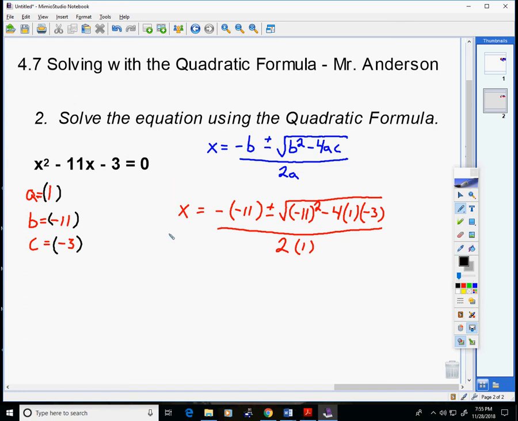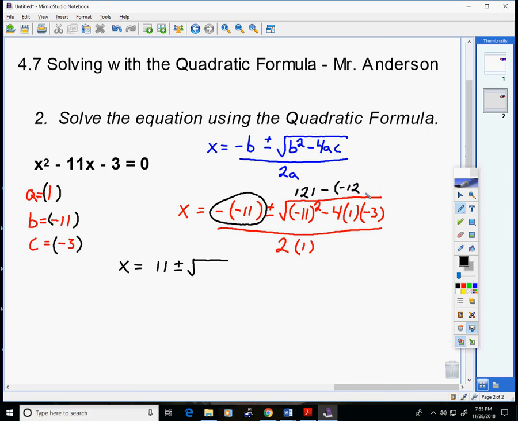I'm ready to do my first simplification here. So x equals, simplify this first area right here, negative 11 is going to be positive 11 plus or minus the square root of, let's see, negative 11 times negative 11, that's going to be a positive 121, minus 4 times 1 times negative 3 is negative 12.